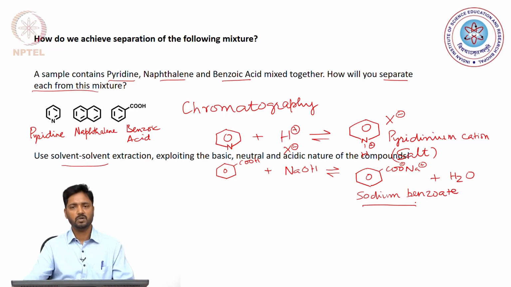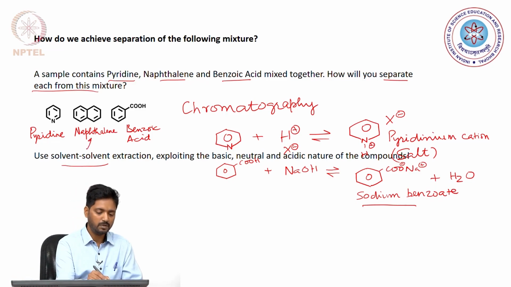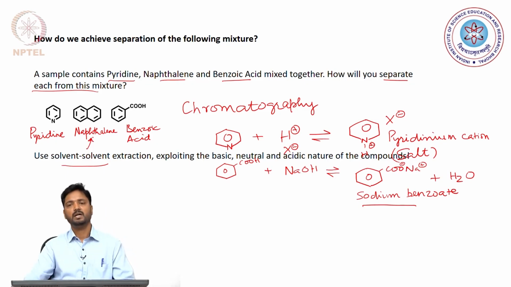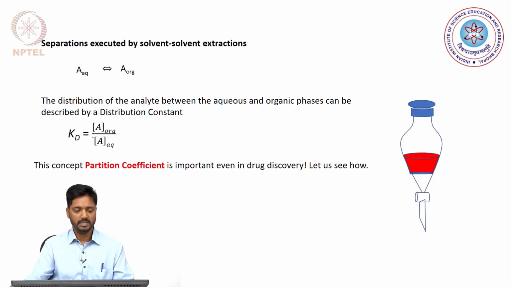Finally, in our organic medium we will be left with the neutral compound naphthalene, because it will be unaffected by the changes in pH that are happening around it. This example clearly shows how solvent-solvent extraction can be effectively exploited for separating organic compounds into individual components.